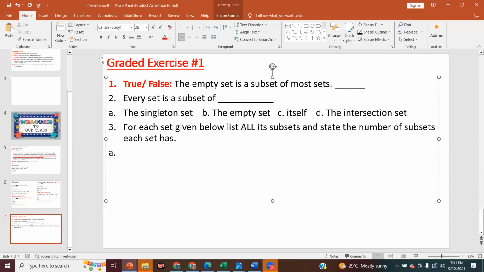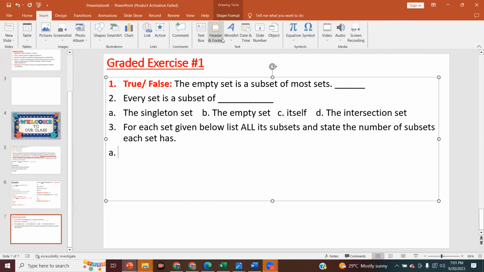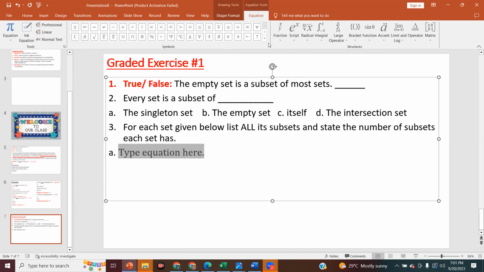So A, say we have set Q. Set Q has X, comma, Y, comma, Z.